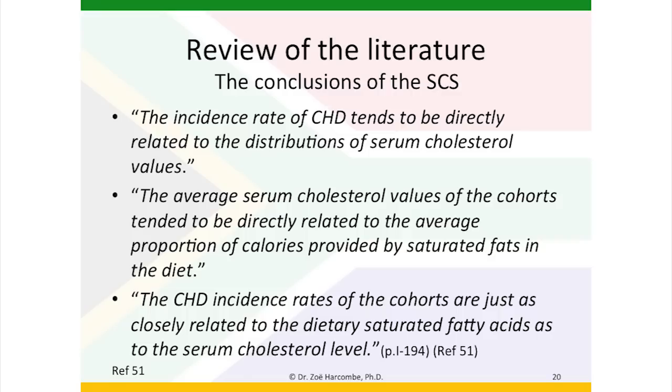Blood cholesterol levels tend to be related to the proportion of calories coming from saturated fat in the diet. And the coronary heart disease incidence rates tend to be related to saturated fats just as they do the blood cholesterol levels. So it was that tripartite relationship between saturated fat, coronary heart disease and cholesterol levels that Keyes established at the end of the 7-country study.